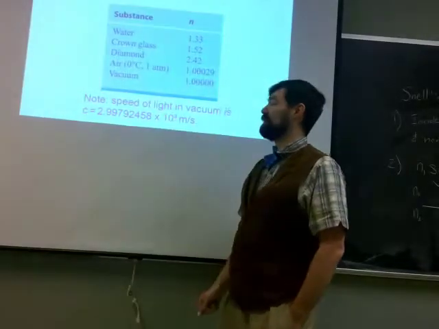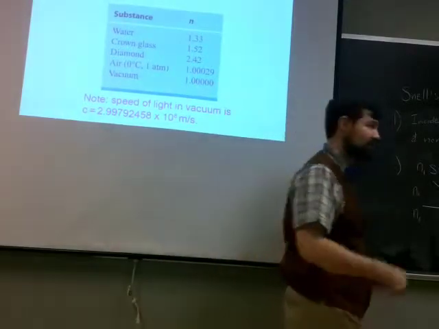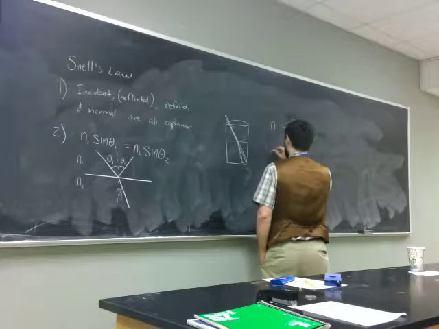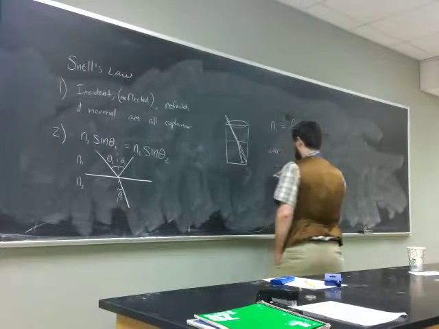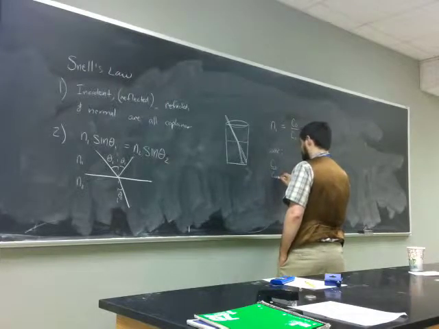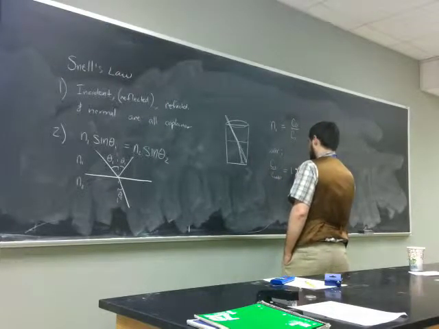So for water, where N is 1.33, it tells us that C naught divided by C water is 1.33.